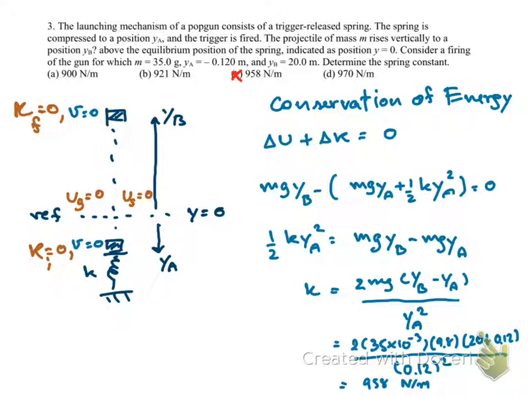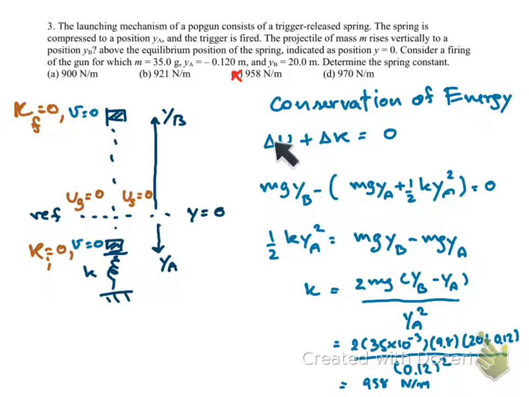Okay. So the conservation of energy here reduces to delta U is 0 because delta K is 0. The kinetic energy at the initial position and final position are both 0. So we have delta K is 0.